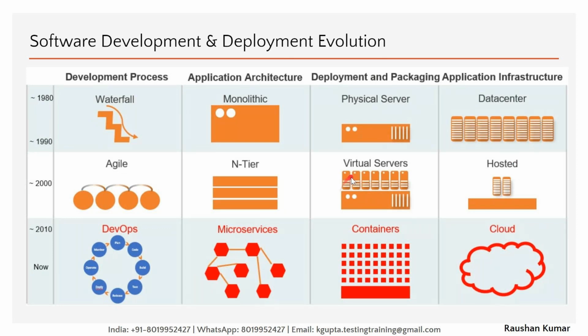So this is what our history has been, the evolution, right? Physical server, VMs, and we are in the world of containerization now. Same thing with data centers. If you had a business idea earlier, like Jeff Bezos had the idea of Amazon.com, he had to set up a data center.